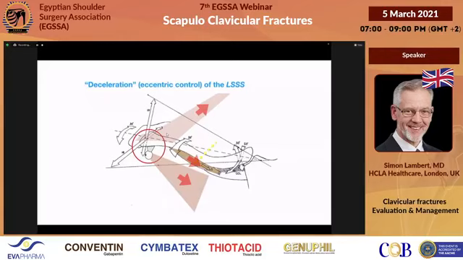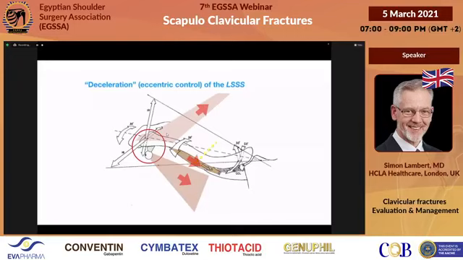But the importance of this, of course, is that if you fracture the clavicle and therefore allow shortening or rather relative lengthening of that muscle, its action on the clavicle cannot be as useful as it was before. And its action is to decelerate the lateral end of the clavicle, as an antagonist to the trapezius.